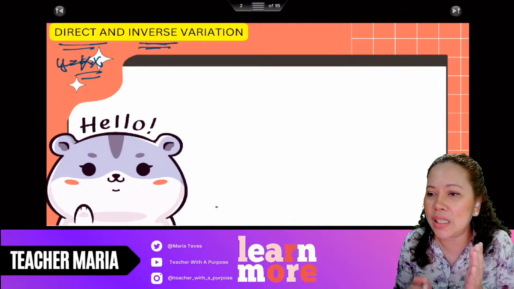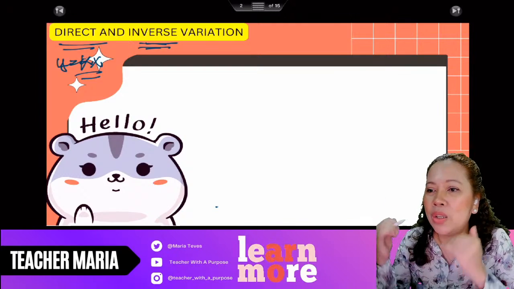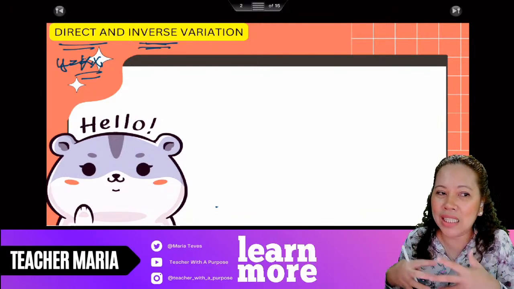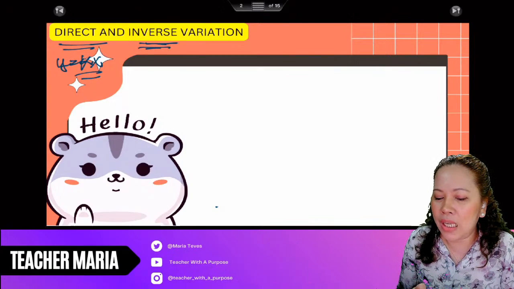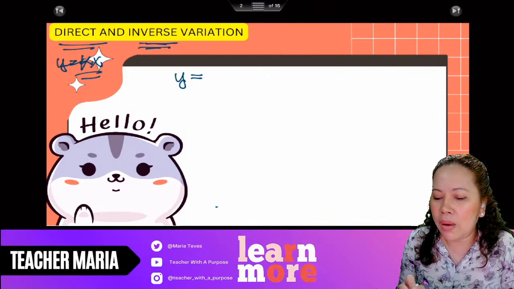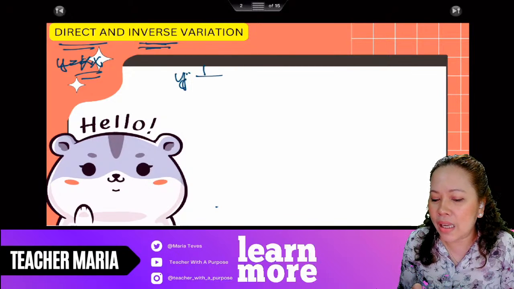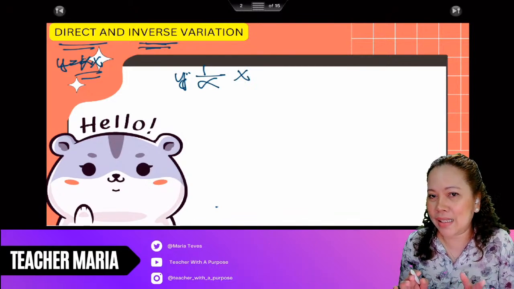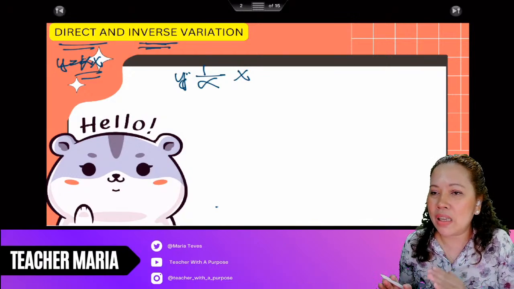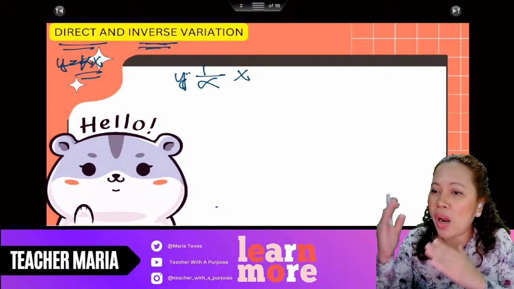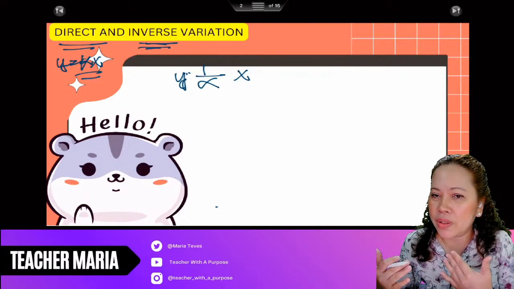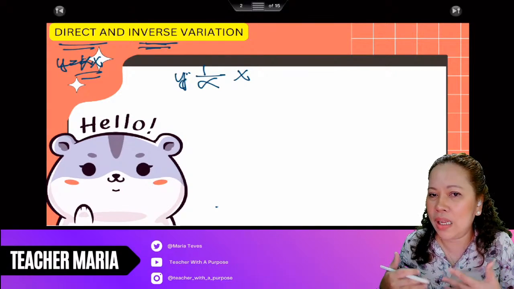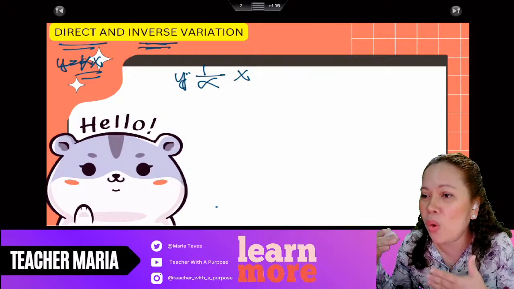However, for inverse, dahil isa nag-up, yung isa nag-down, or nag-decrease yung value, hence, we have the relationship that y varies inversely with x. Okay? Y varies inversely with x. So as y increases, your x decreases, or the other way around. So there is not necessarily a constant increase or a constant.